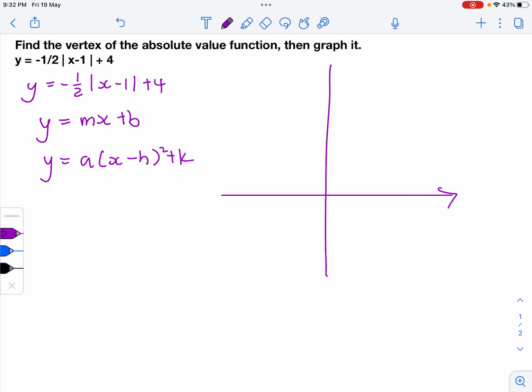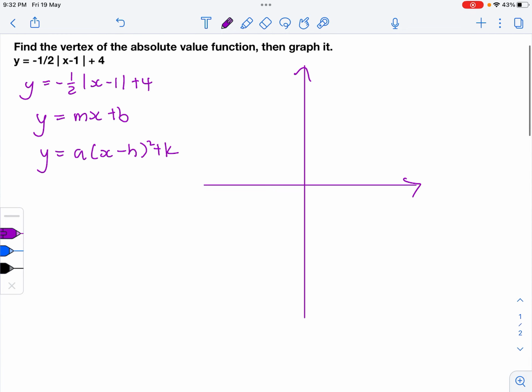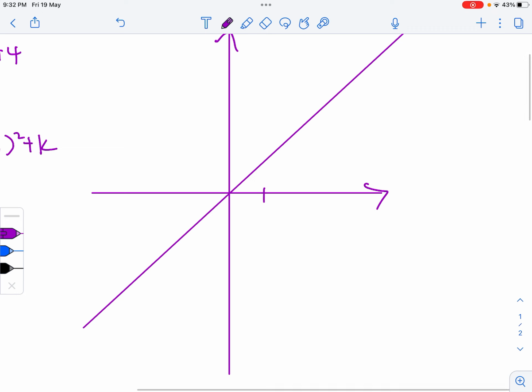We know that y equals mx plus b, the most common line, is just y equals x. And what that means basically is, let's say this is 1 and this is 2.